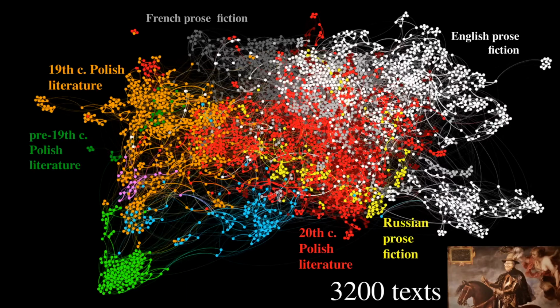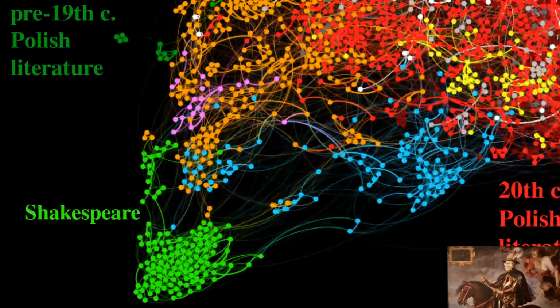There are some other interesting effects here. Anything that's light green, this is Shakespeare in Polish. And light purple, in this fragment, this is Byron. There is a body of Polish literature which sort of slips in between Byron and Shakespeare.